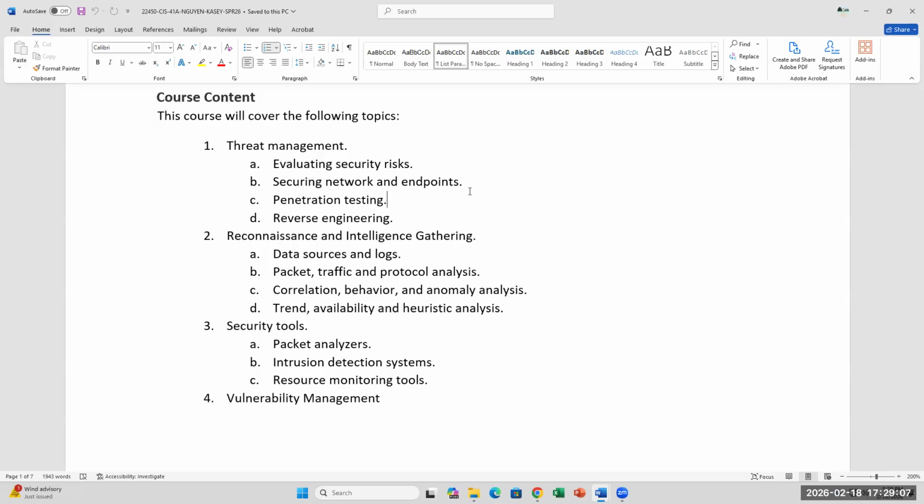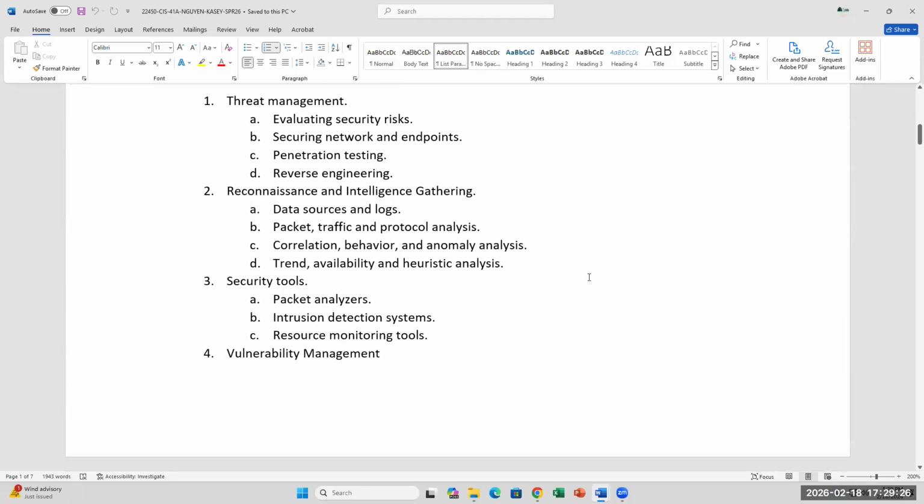You're going to run some tools, write up some reports, and be able to determine if the tools you have are adequate and how you can prevent future threats by having a different defense mechanism or the current defense mechanism. You will see some pen testing techniques in this class.